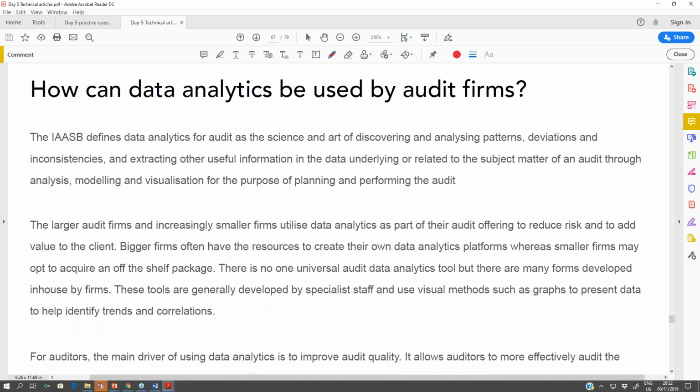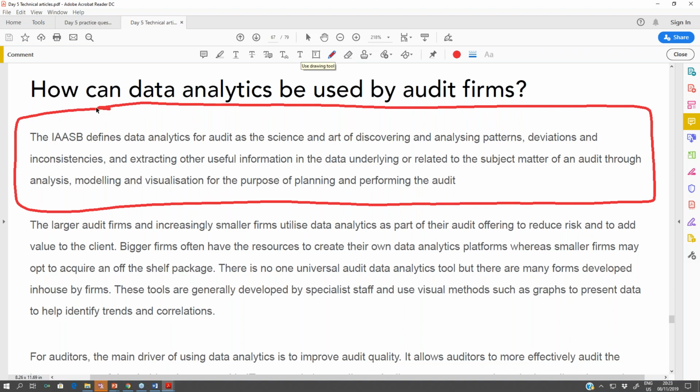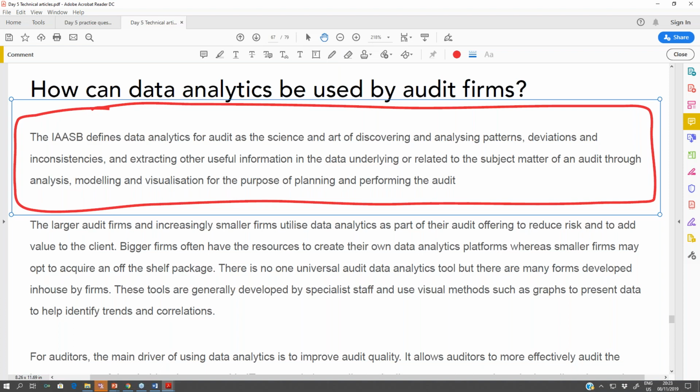See this. The IAASB defines data analytics for audit as the science and art of discovering and analyzing patterns, deviations, and inconsistencies, and extracting other useful information in the data underlying or related to the subject matter of an audit through analysis, modeling, and visualization for the purpose of planning and performing the audit.